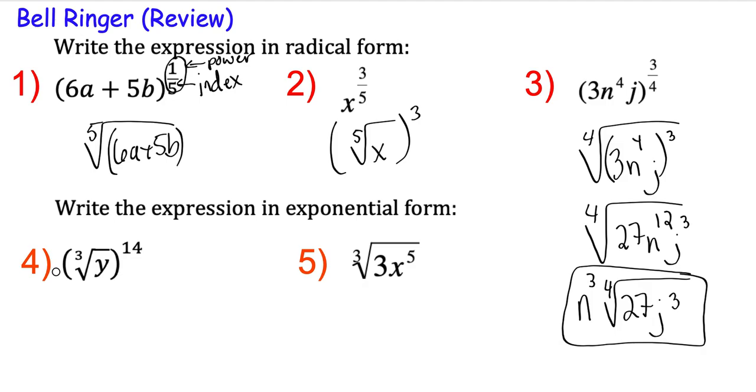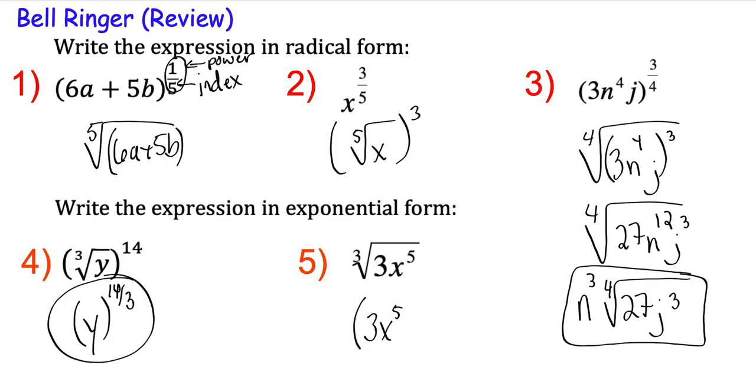Okay, and then this one, we're just working the other way. So we're rewriting this in exponential form. So it's power over index. So, let's put that in parentheses. I guess we don't really need parentheses, but it'd be 14 over 3. Power over index. And then the next one, same thing. So this one we should have parentheses.